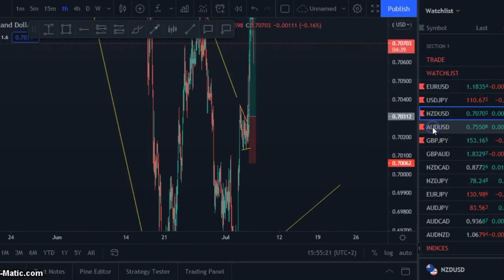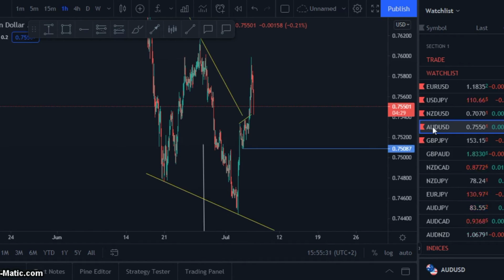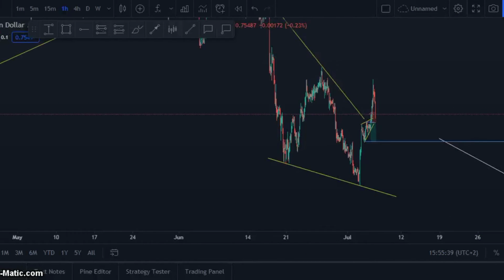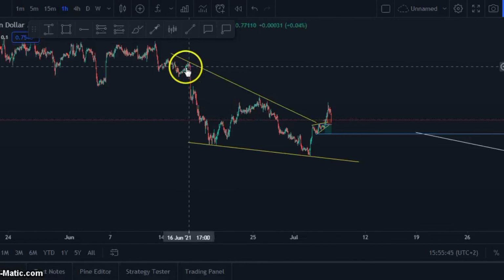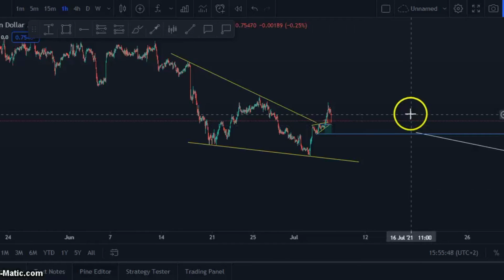And then let's have a look at AUD USD. If you look at the structure between AUD USD and New Zealand USD, you would see that it's a similar structure, but here I definitely got it wrong. So what I was looking at was the 1 2 and just hoping for that third touch over there.